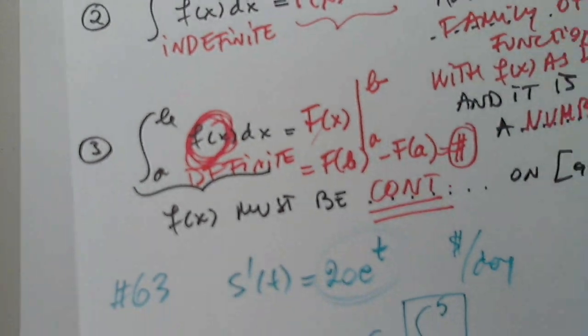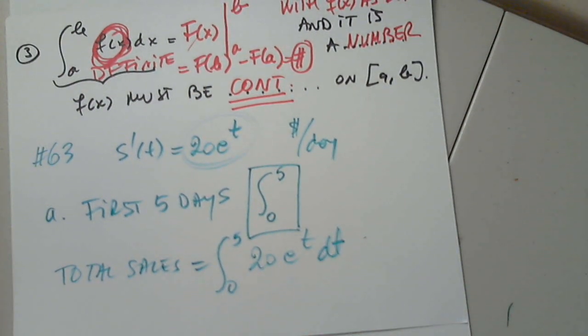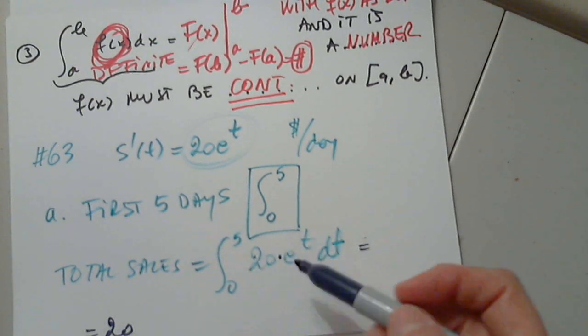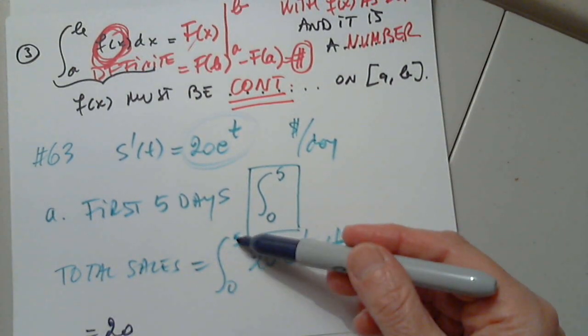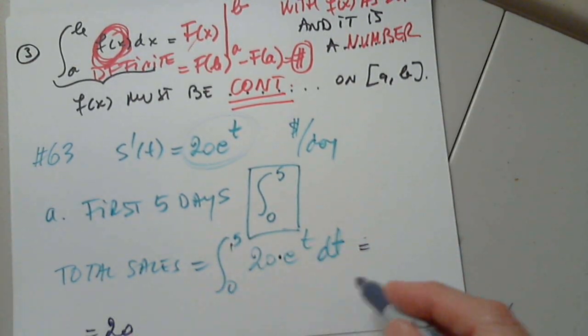So can anyone tell us what we have to write next? I know you're going to say take 20 outside because it's a factor. I will. And now I have to determine, first of all, is this function continuous on 0 to 5? Because if this function is not continuous on 0 to 5, I'll say I cannot determine this. Do you think it is?